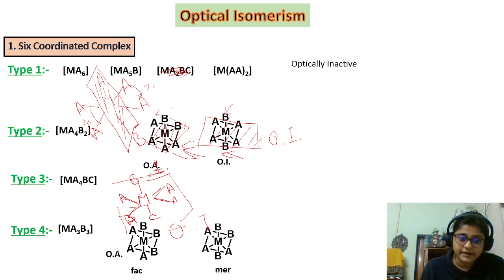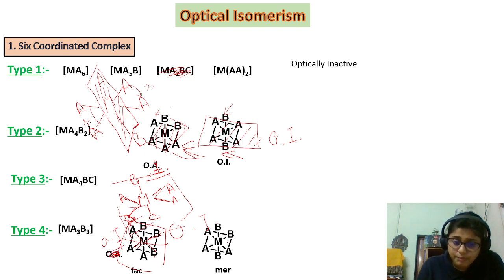It is there. This plane is actually cutting here in between these groups, and this is reflecting A and B and B. So if the mirror plane will be cutting these two angles from here, yes, this will also be optically inactive.